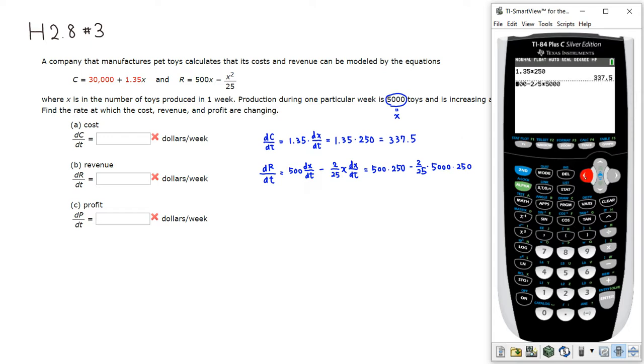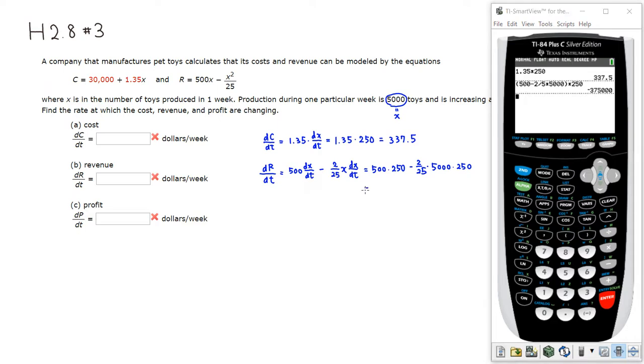So I'm going to insert parentheses, and then multiply by 250. Let's find out. It came out to be negative 375,000.